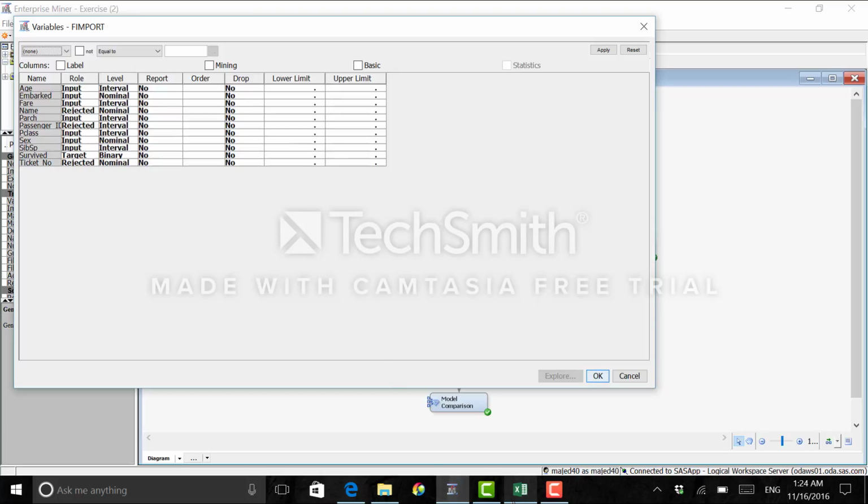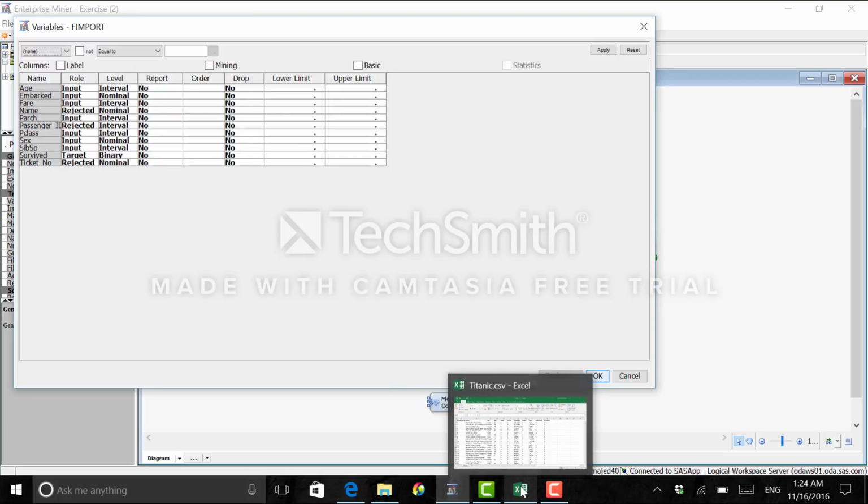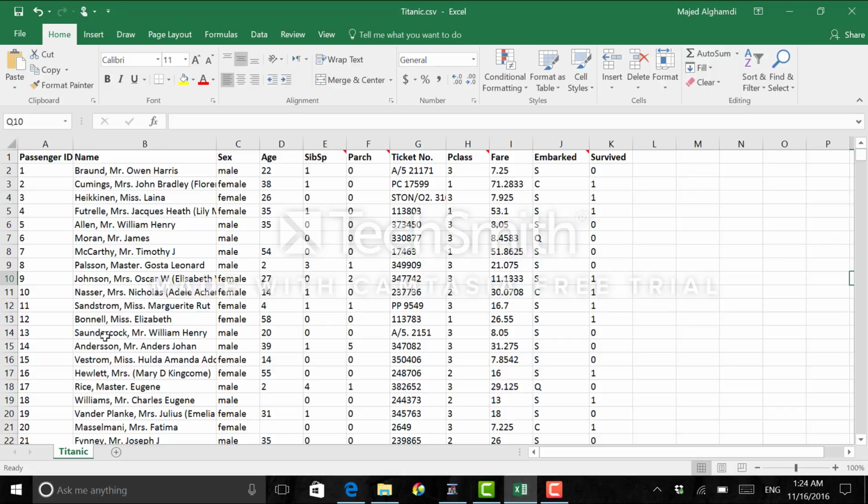Before we get to that, let me explain my data set. My data set is the Titanic data, and as you can see here, the number of siblings and spouses, the number of parents and children, ticket number, and also the passenger class. We have three different classes: one is first grade, two is second grade, and three is third grade.